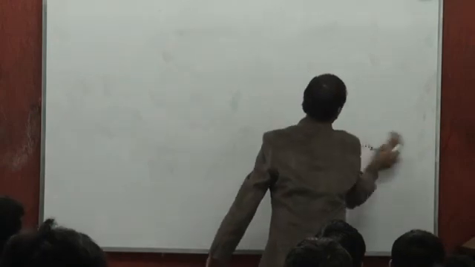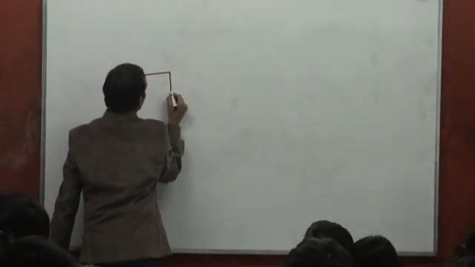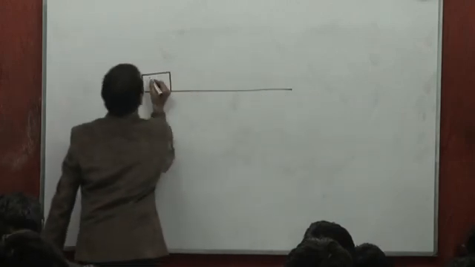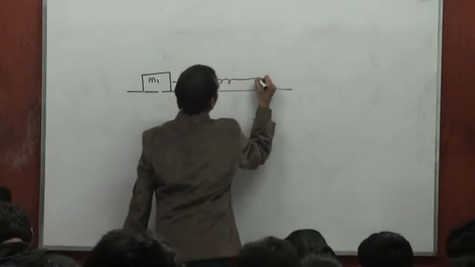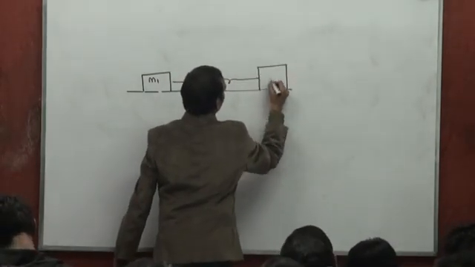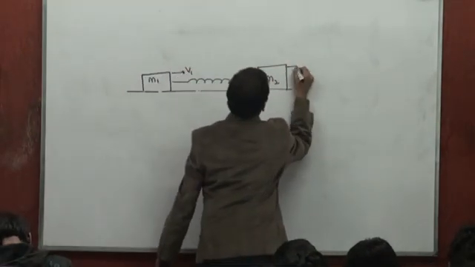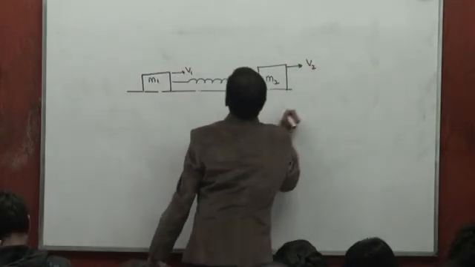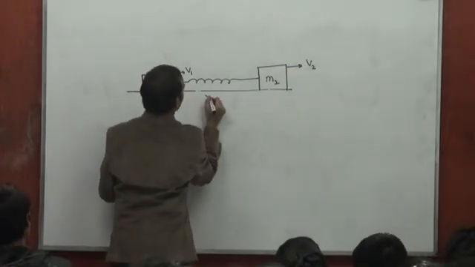Like I discussed in my previous class, say there was a mass m1, a mass m2, and in the ground frame they have velocities v1 and v2, and the spring is initially relaxed.